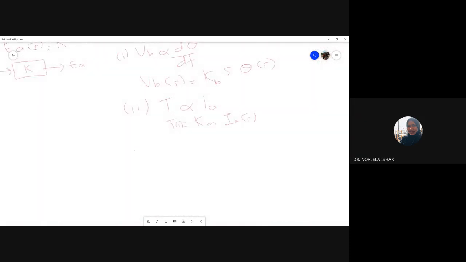Inertia, spring and damper. Number 5 is a rotary mechanical system. So the impedance for inertia, J s squared, plus damper, plus spring, you multiply with the angular displacement, equal to the total torque.